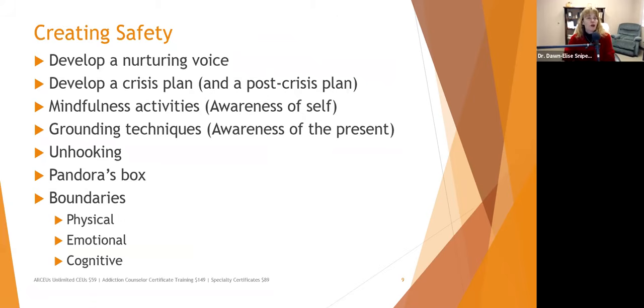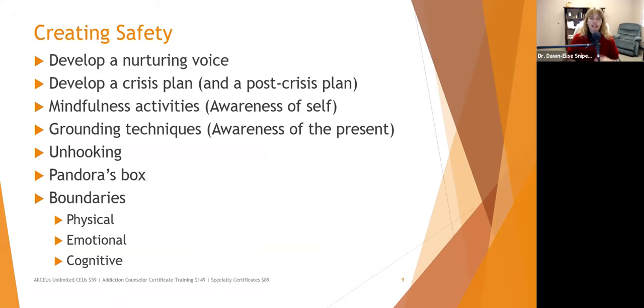So in this post-crisis period, what is that going to look like? How can they start taking care of themselves again or continue to take care of themselves? Who do they want involved? And at what point do they feel like those supports can step away from them a little bit?